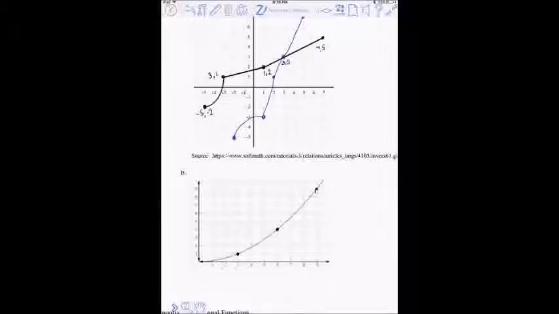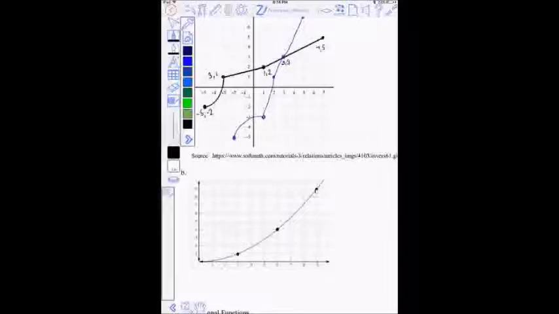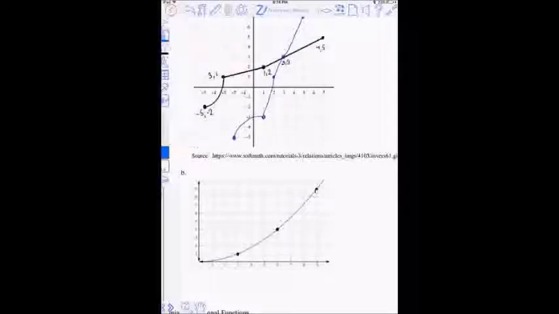So if we were to switch the place of those, this point here, 3, 1 becomes 1, 3. This point here, 6, 4 becomes 4, 6. Inverse would look something like that.